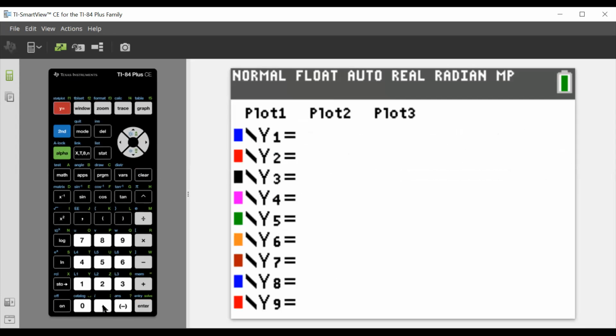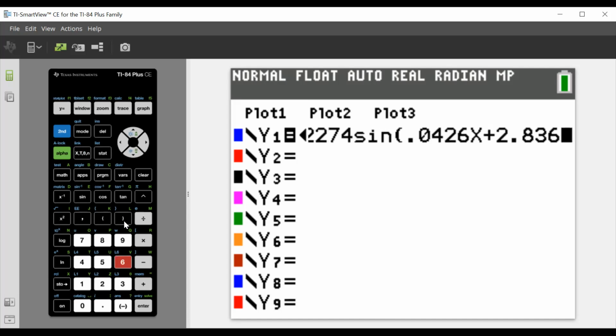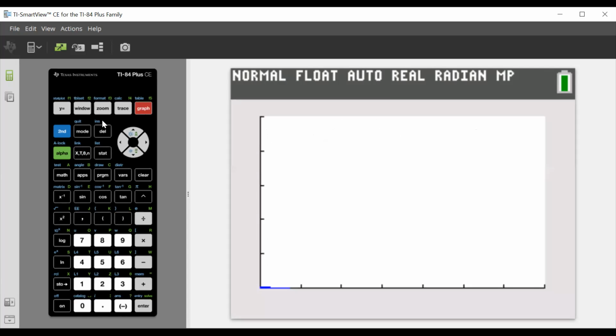So y is equal to 0.2274 sine of 0.0426 x plus 2.836, in parentheses. If we wanted to see what it is, I don't know if it's even in the right scale here.